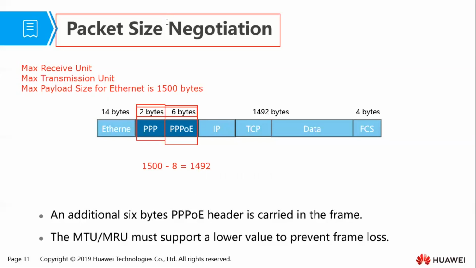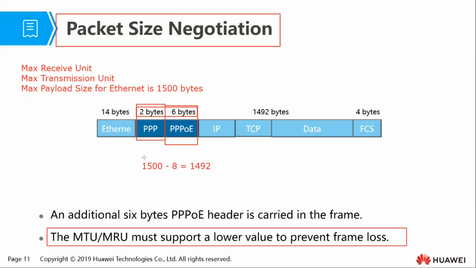And therefore, anytime you are using PPPoE, the MTU must support a value not larger than 1492, so that we can at least leave the 8 bytes for PPP and PPPoE headers.